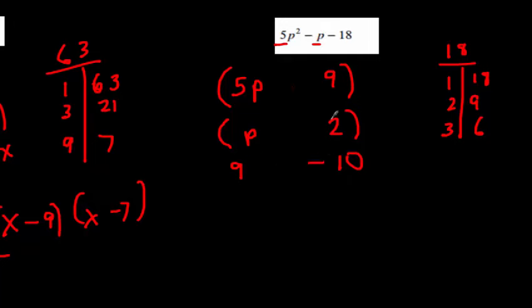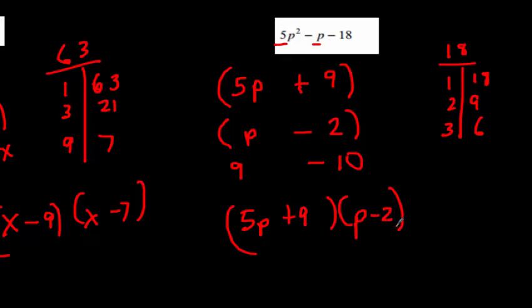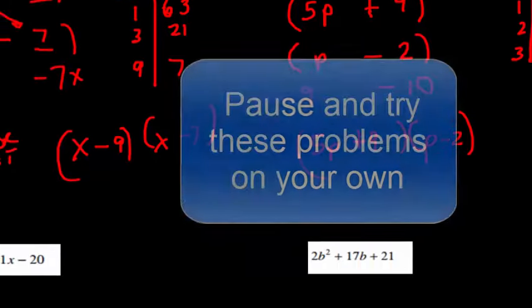So 5 times 2 has to be negative, and 9 times p has to be positive, and there is our answer: 5p plus 9 and p minus 2. A little bit faster than doing factor by grouping. Factor by grouping can work, but this way is just faster and probably a little more error proof.